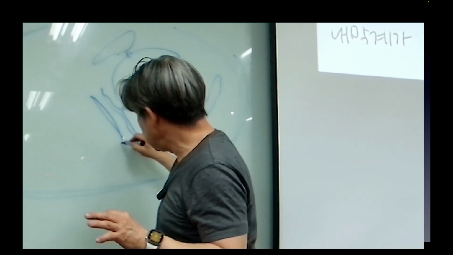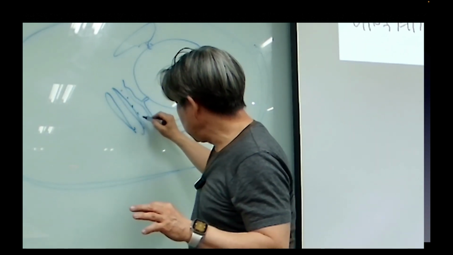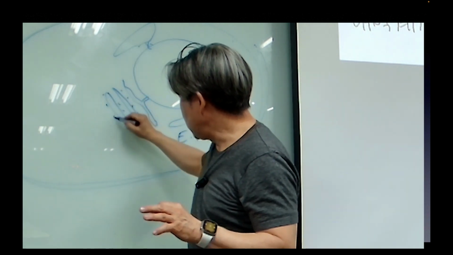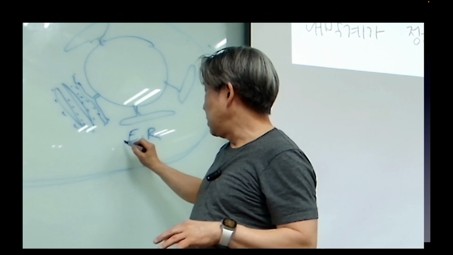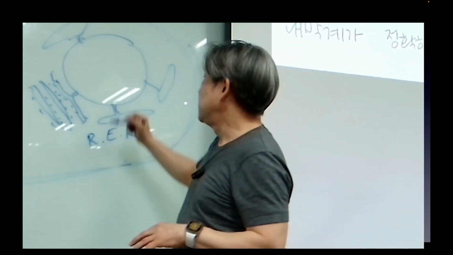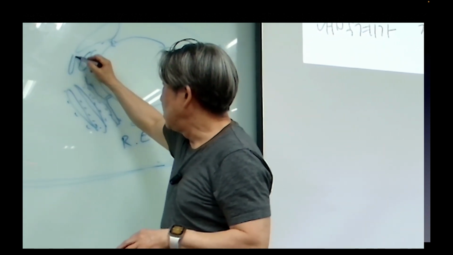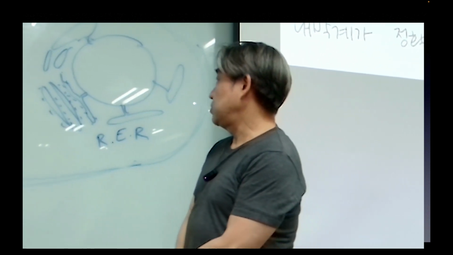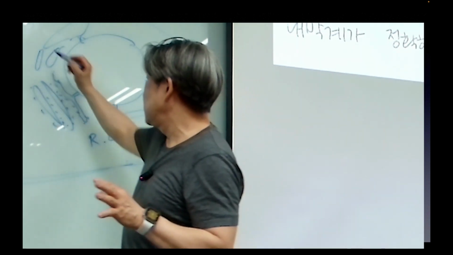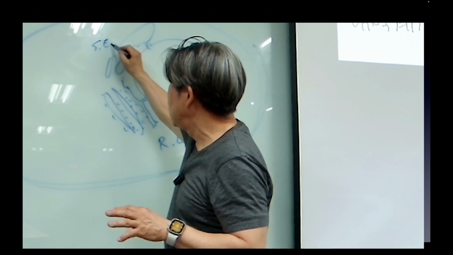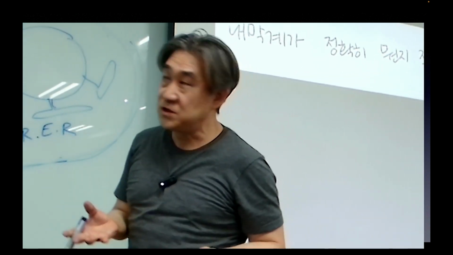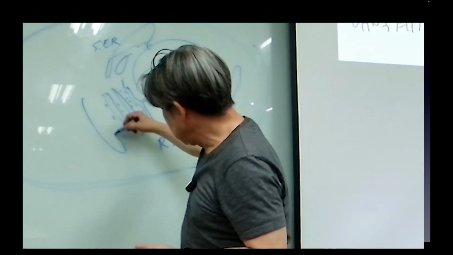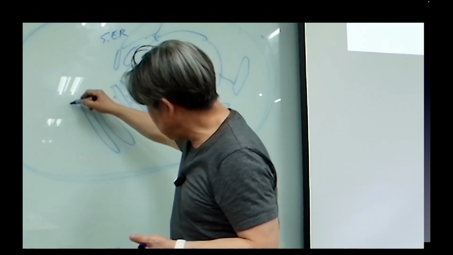Some of these ERs have ribosomes attached on the surface, and we call that rough ER. Other endoplasmic reticulums are smooth because they don't have attached ribosomes, because of their different functions.